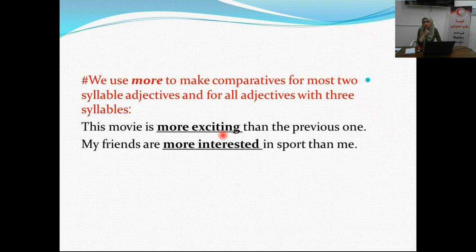For example, large contains one syllable, while with more exciting we have more than one syllable. My friends are more interested in sport than me. Here we use more before the adjective because interested consists of more than one syllable.